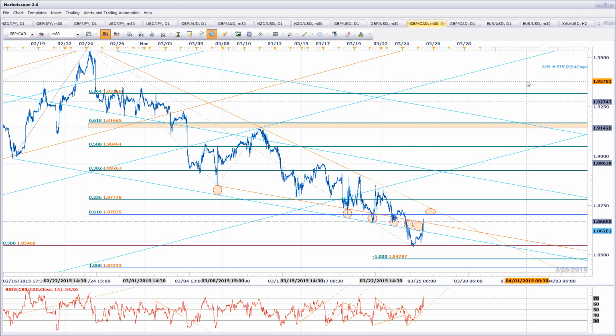Philippe says, from 3 similar setups as we had yesterday, Sterling CAD, Sterling Oz, Sterling Key, Sterling Yen, those are 4. He says, how do you recognize which pair is the best to play that day? Philippe, you don't know beforehand. I take every trade on its own merits, so it's got to be based on the triggers that we're seeing and where price action is on that position. The other thing I want to note is keep your eye on the economic calendar. Know what kind of data is coming out.